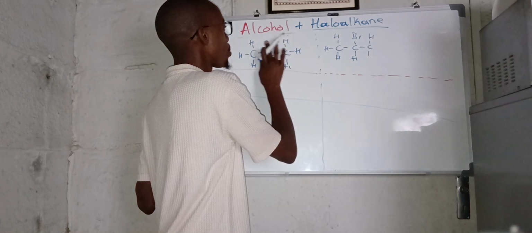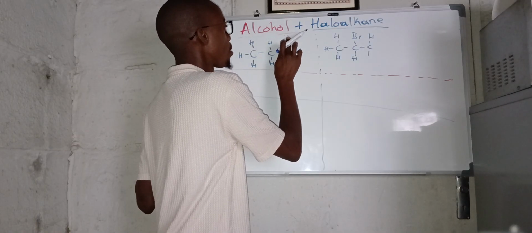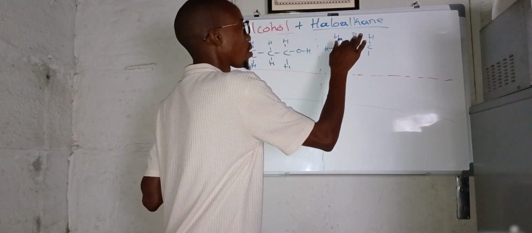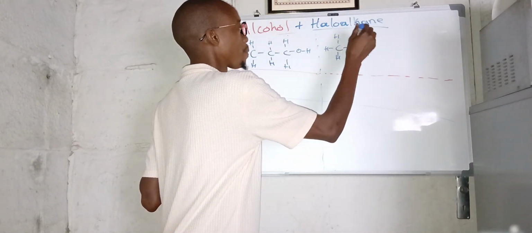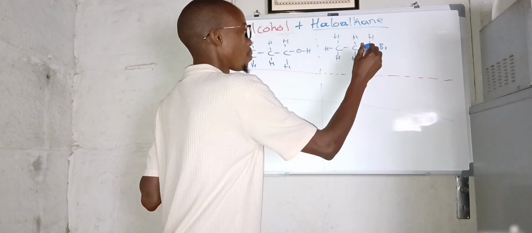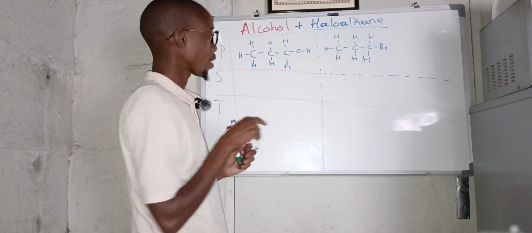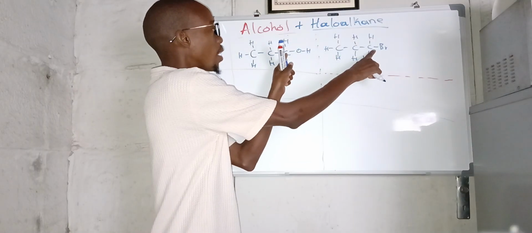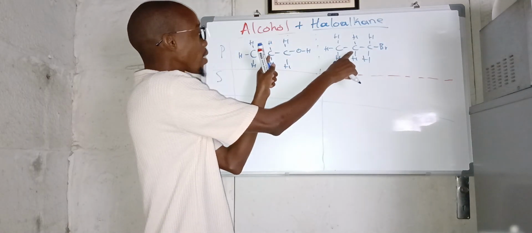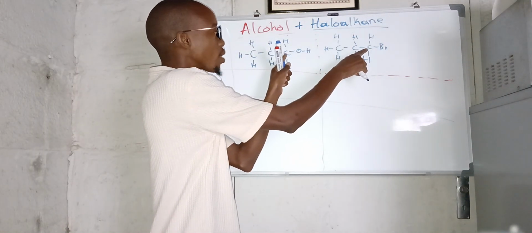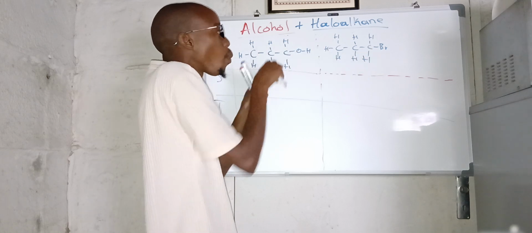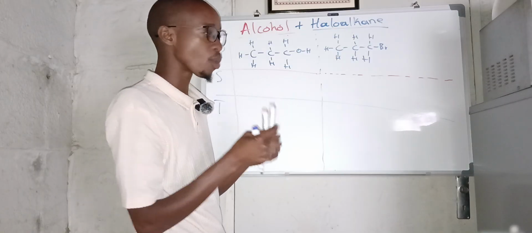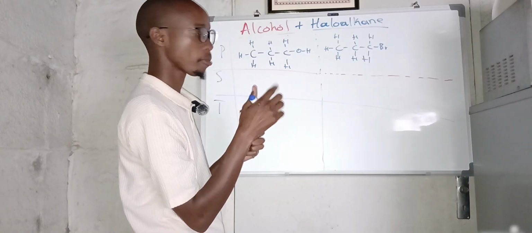Oh, sorry, no, that's not primary. Now let's check. The carbon bonded to the functional group here and there is bonded also to only one carbon, meaning it's one for one. That's why we say primary, because it's only bonded to one other carbon.